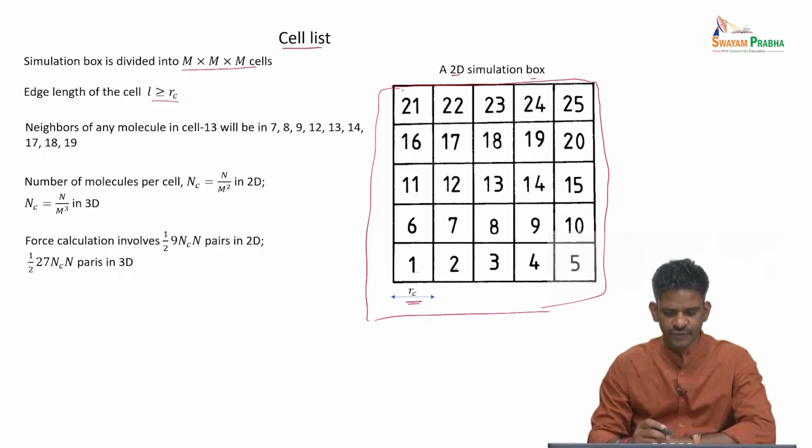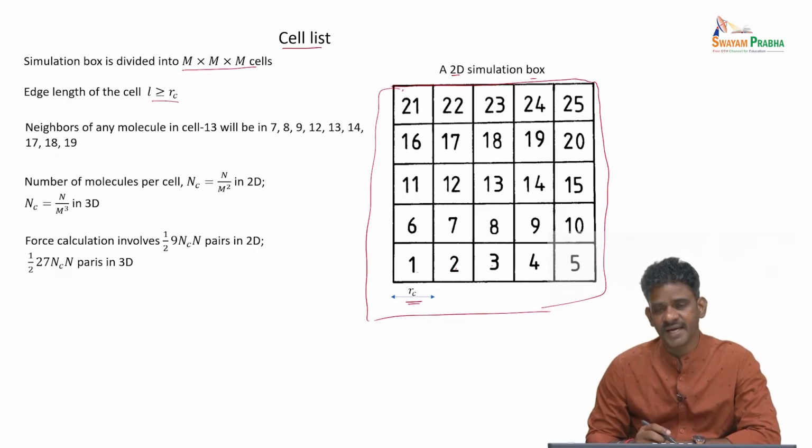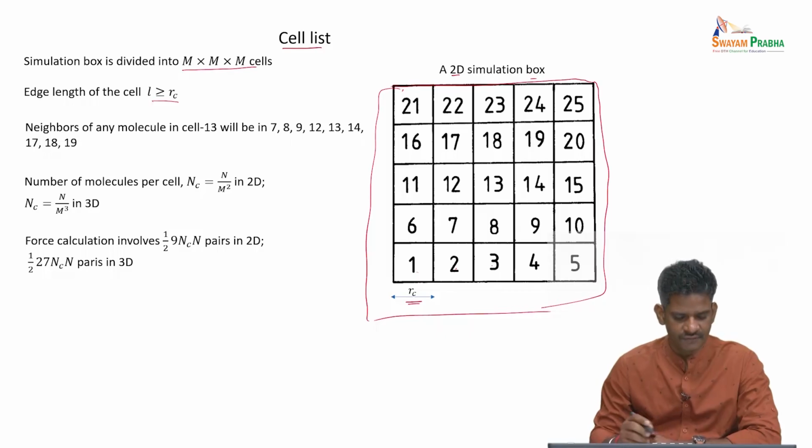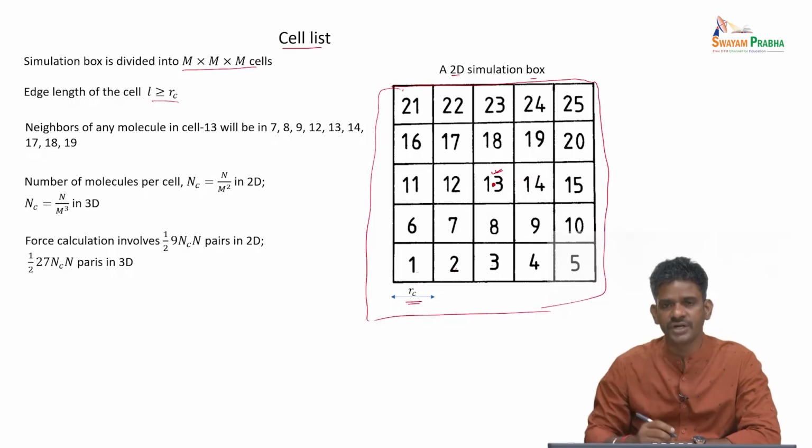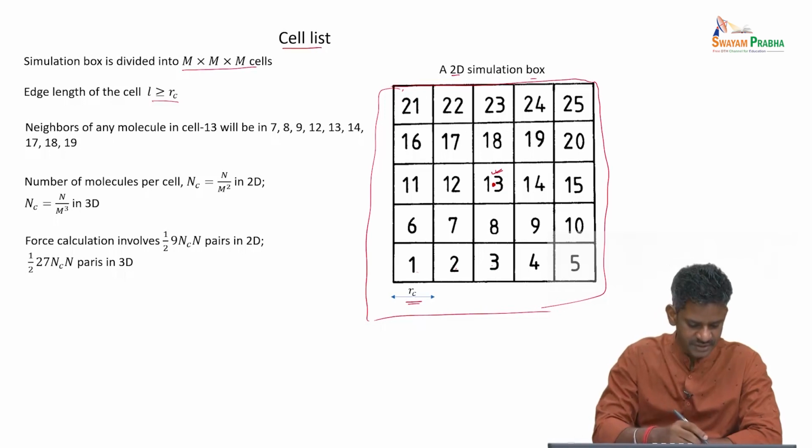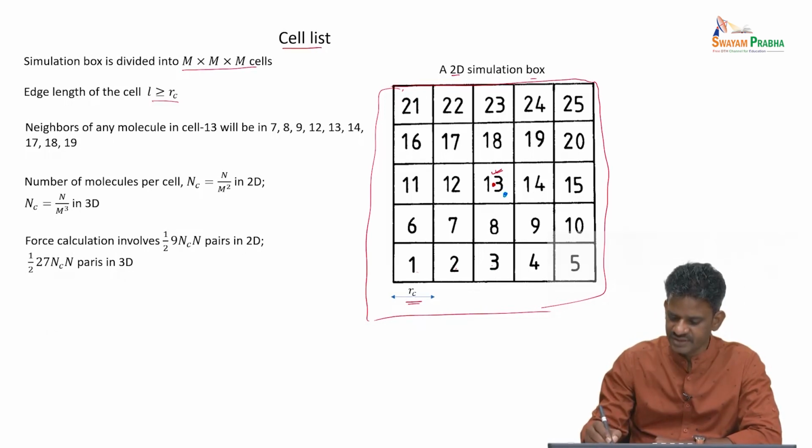Now the advantage of doing this is, when we try to calculate the forces, we know where exactly to look for the neighbors. For example, consider this particular cell 13. Any atom present in this cell would interact with all the other atoms present in the same cell, and also with neighbors present in the other cells like 7, 8, 9, 12, 13, 14, 17.